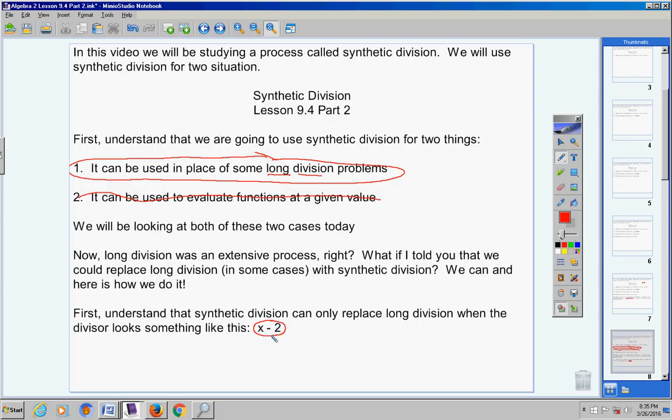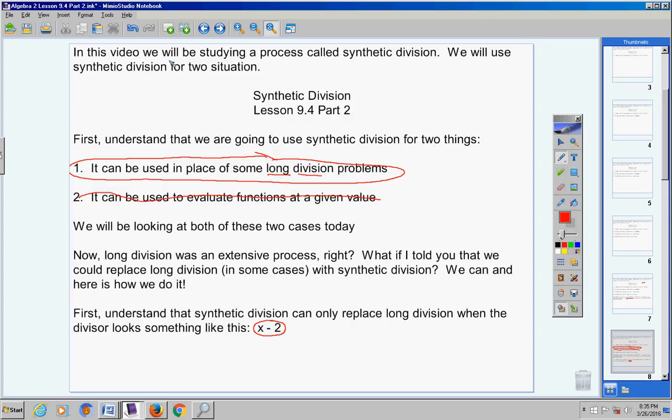I would write this down, students. This is so important. You can only use synthetic division in place of long division when the divisor looks something like this. Now when I say something like this, let me explain what I mean, okay?